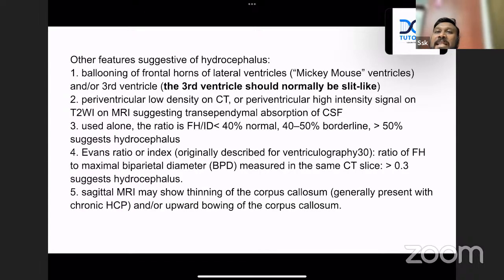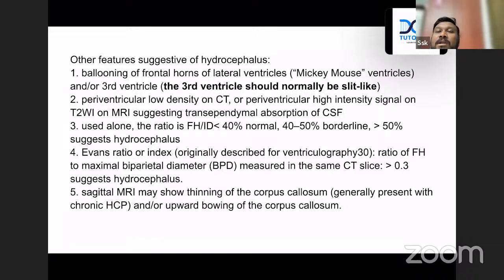Other features are the Mickey Mouse ventricles, that is, ballooning of the frontal horns of the lateral ventricles, or third ventricle ballooning, and periventricular low density, that is hypodensity, or in MRI, hyperintensity, which suggests a transependymal CSF flow. That is a very important type of edema, the interstitial edema.